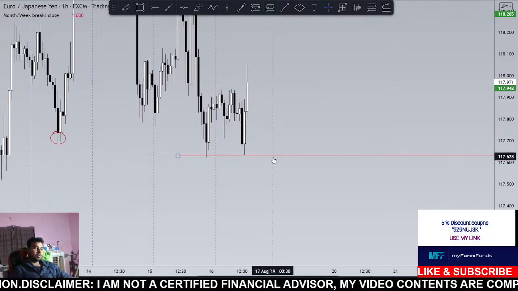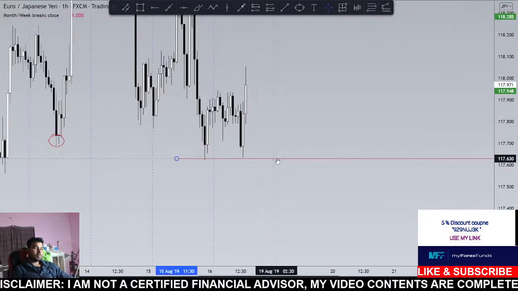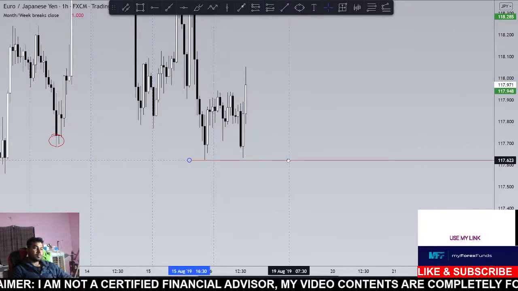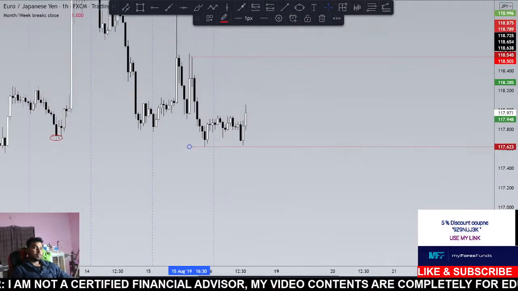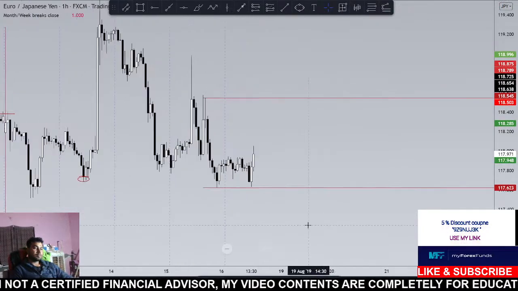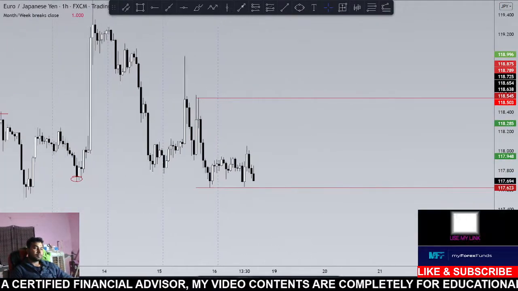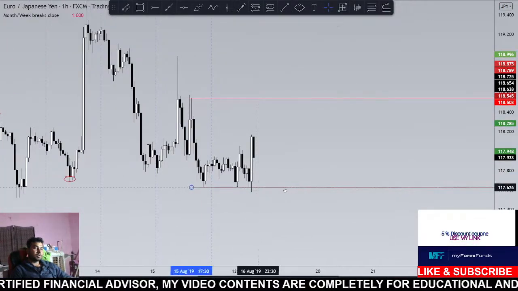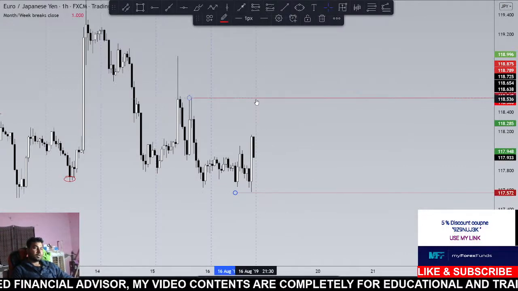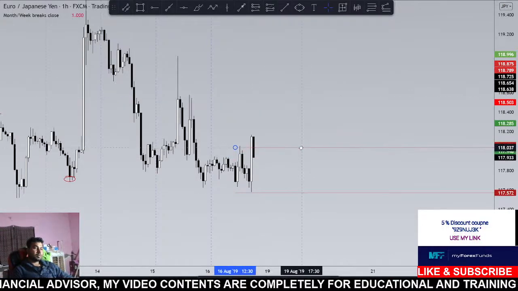Let me just see whether it's broken the low or not. Again, just barely broke the low and went up, breaks the high.